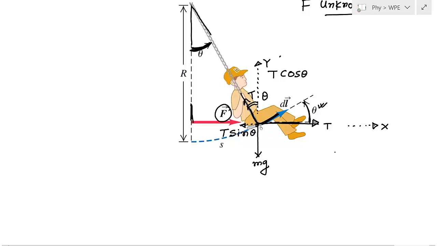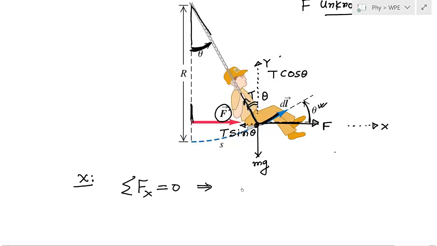Now since this is in equilibrium at each point, we can write the equations of equilibrium. So in the x direction we can write what are the forces. I think this is not T, this is F. So this force is F. So in the x direction summation of forces is equal to 0.